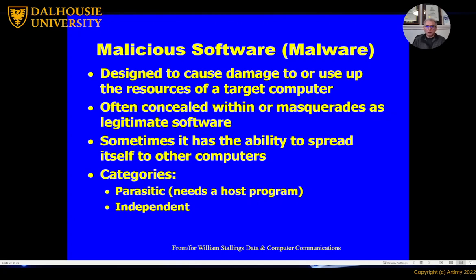And often it has the ability to spread itself from one system to another, so that it creates more harm. We categorize this malware into two categories: parasitic, which means that it needs a host program and doesn't work on its own, or sometimes independent, where the software itself can work on its own.